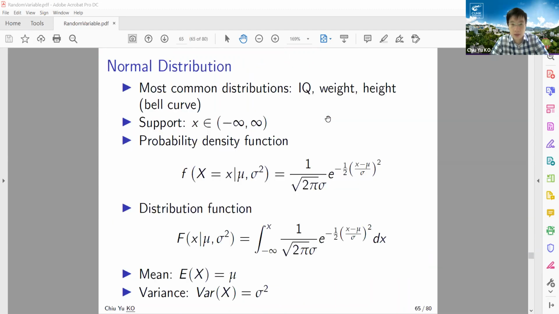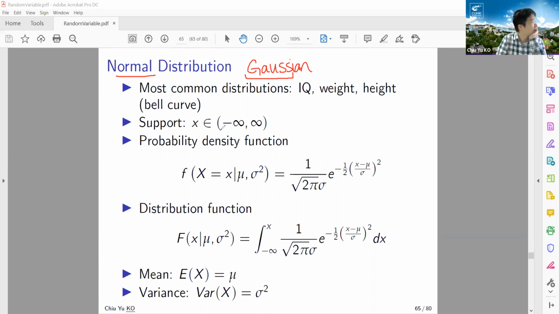It's called normal distribution. Normal distribution is what we call the Gaussian. It was invented by Gauss, a mathematician. I think he used it for astronomy reasons.